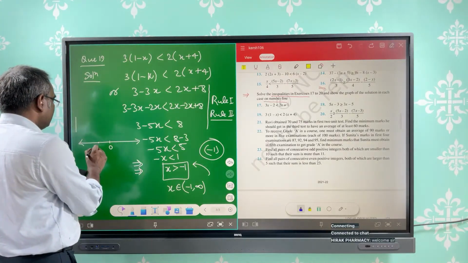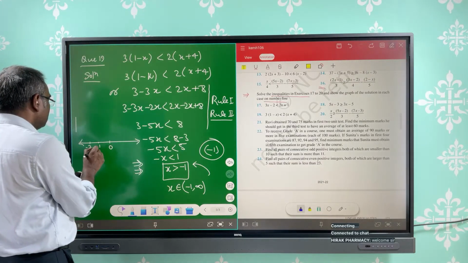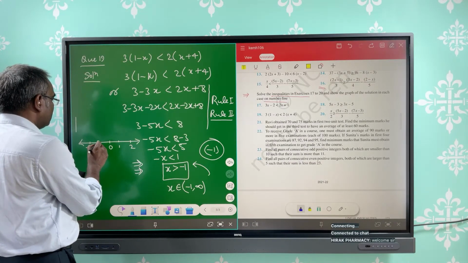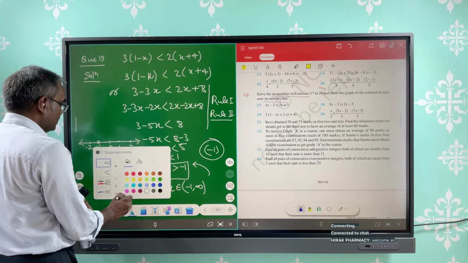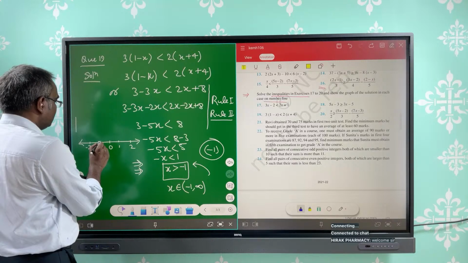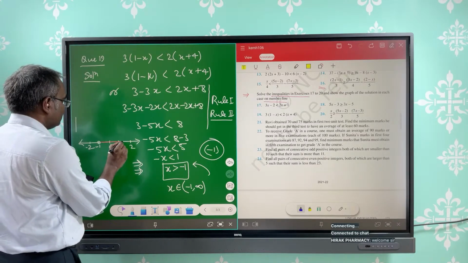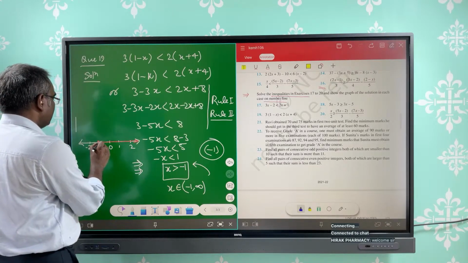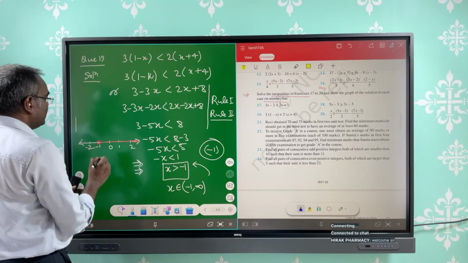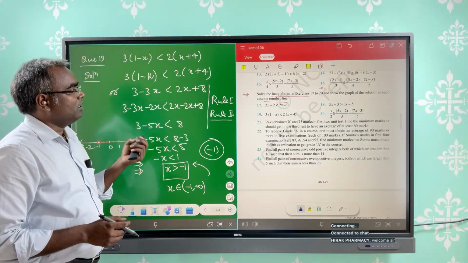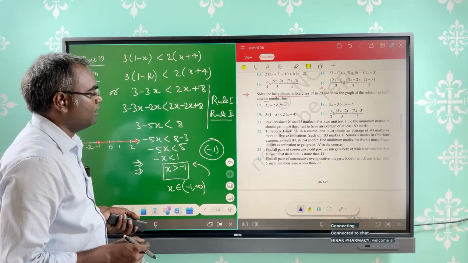If this is minus 1, minus 2, here 1 and 2, we'll start from here only, but we'll not fill the circle. We'll leave the circle blank and we'll start from here along this. You can see that here the circle is blank, not filled, right? That is the way of plotting the inequality solution on the number line, right?